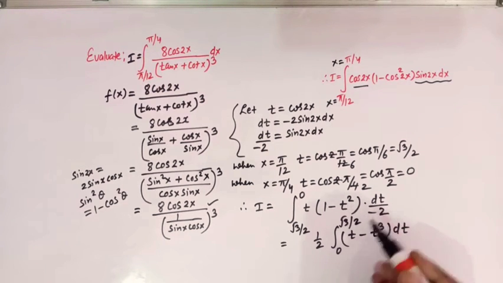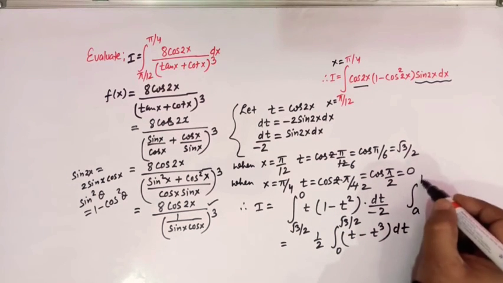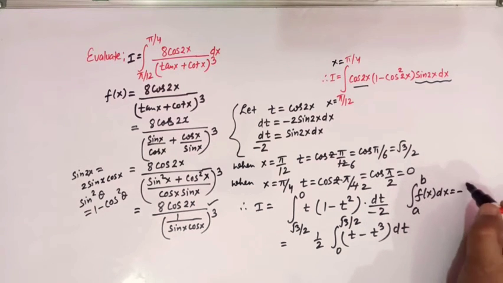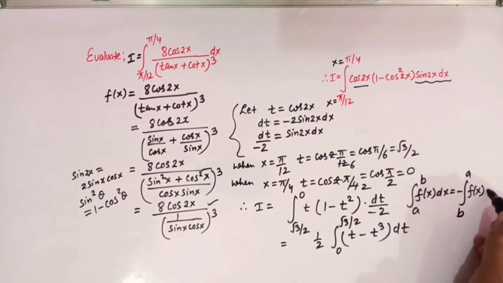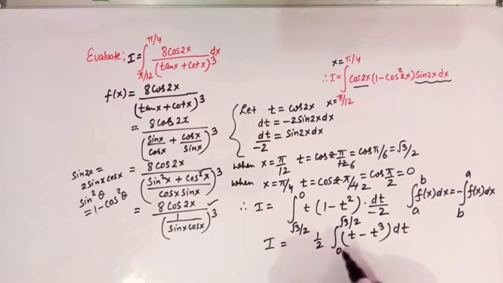This negative sign is neutralized by interchanging the limits, because we know that the integral from a to b of f of x dx is equal to negative of the integral from b to a of f of x dx. Okay, so now we have to solve this integral.